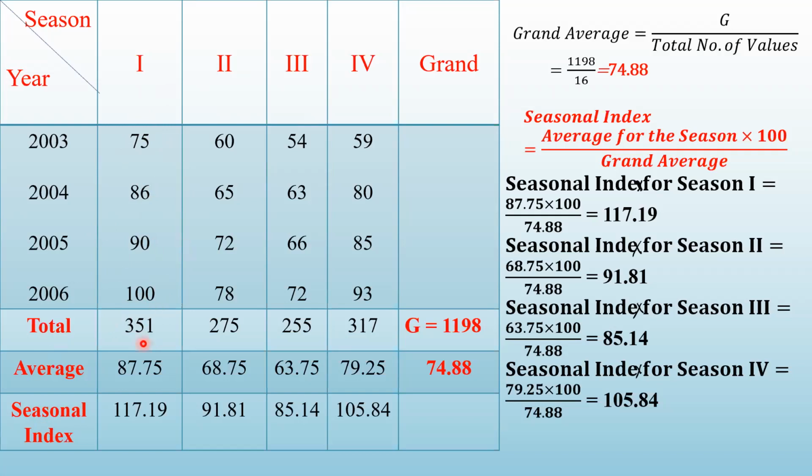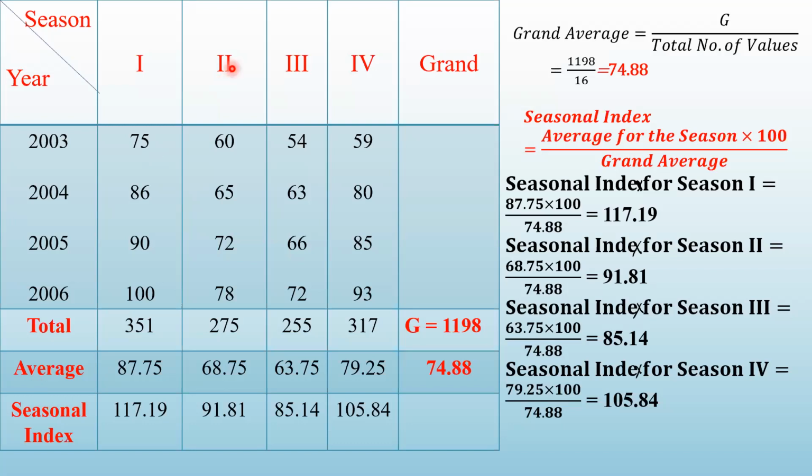Then you have to take the average. This 351 is the sum of these 4 values, so to get the average you divide 351 by 4, which gives you 87.75. This is how you get the average for the first season.